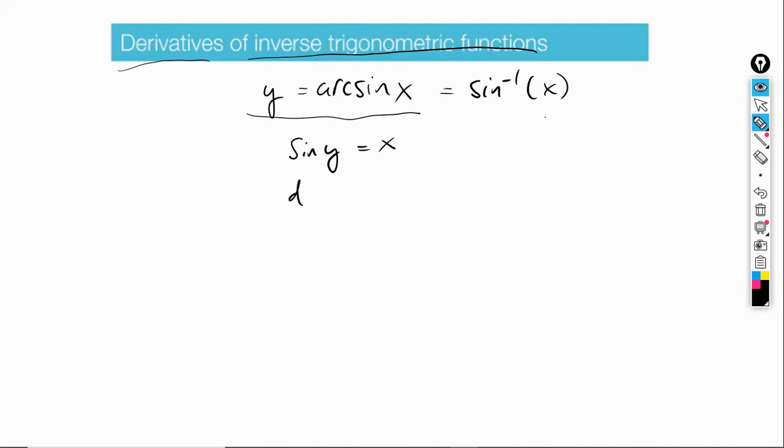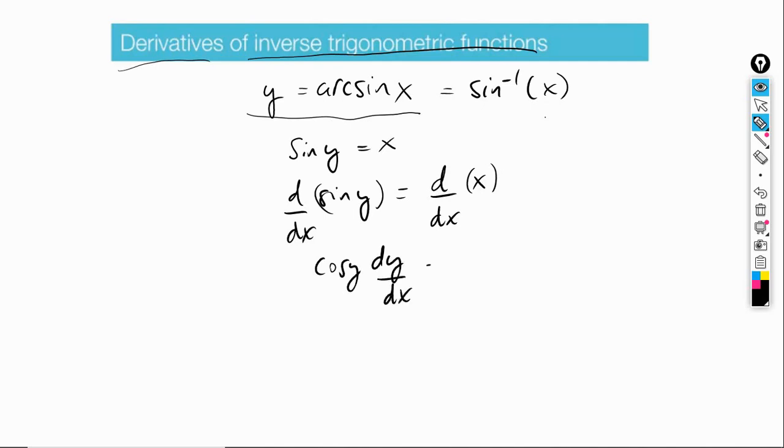So if we do a derivative of sine of y equals derivative of x. Now, because we are deriving with respect to x, we have to use the chain rule, right? So this would be cosine of y times the derivative of y is equal to 1.